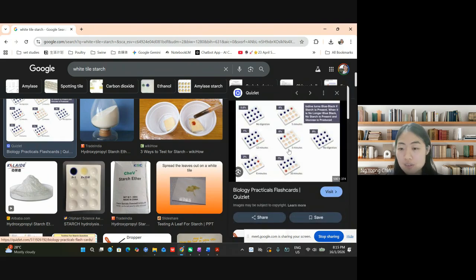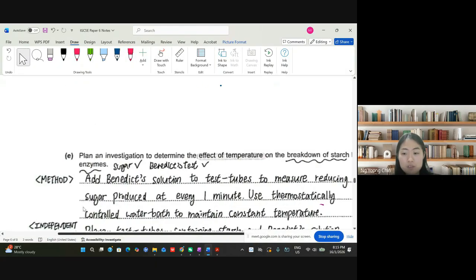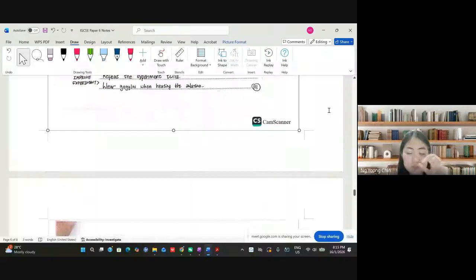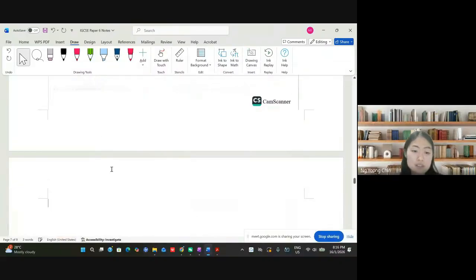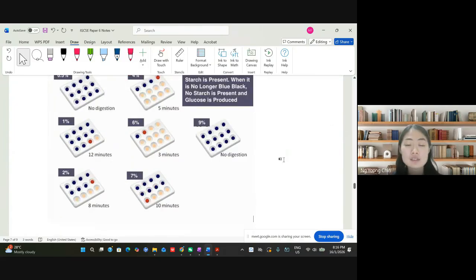This is very nice, I want to show this one. They are actually using this tile. I think in future, if you study biology, you will do this in the school lab. It's a kind of popular experiment procedure in biology.